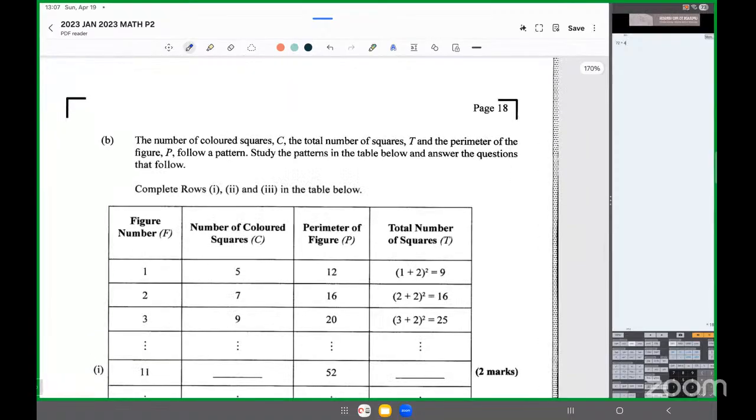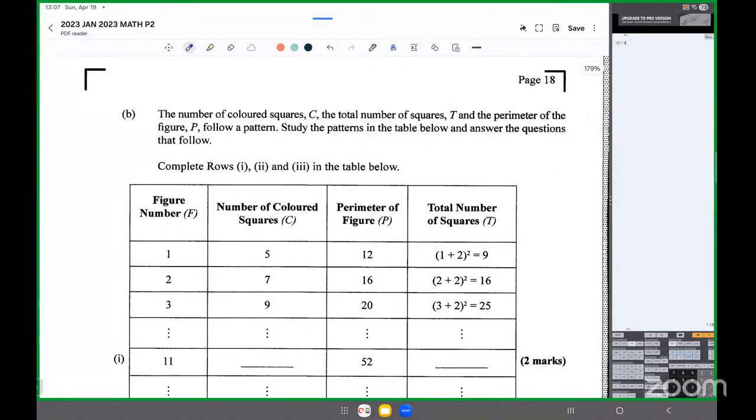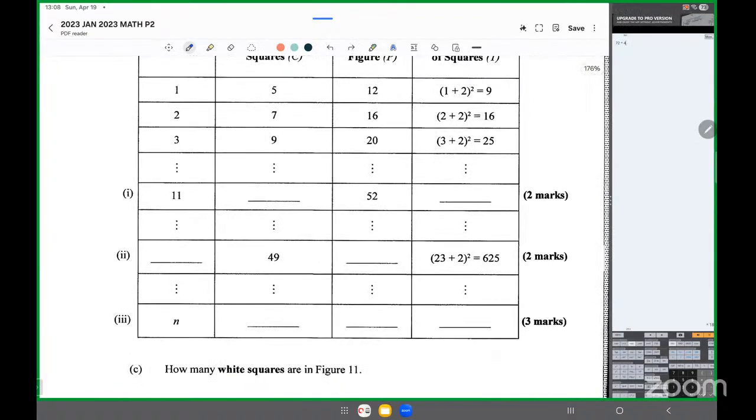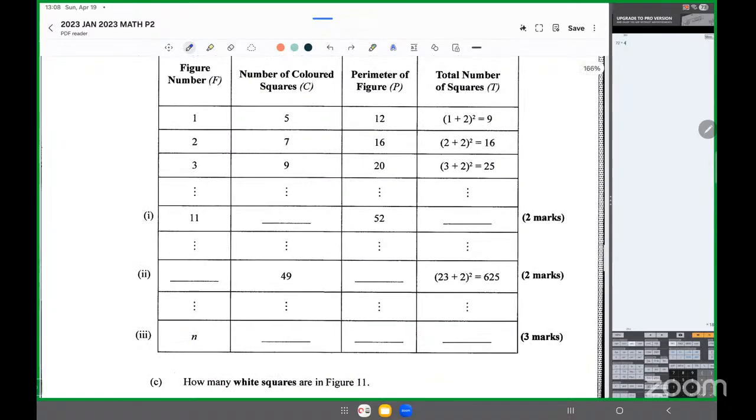It says the number of colored squares and the total number of squares. So remember the total is the colored and the white together, right? And the perimeter P follow a pattern. Study the pattern table below and answer the questions that follow. Complete the rows marked 1, 2, and 3 in the table. All right, let's look at the pattern. As usual, I like to fill out this line first because it helps us with the lines above sometimes.